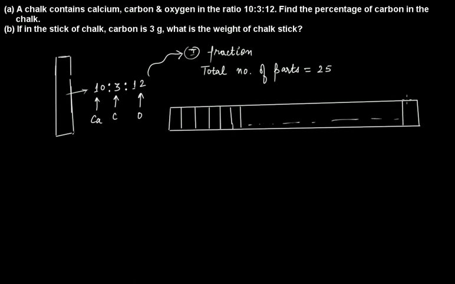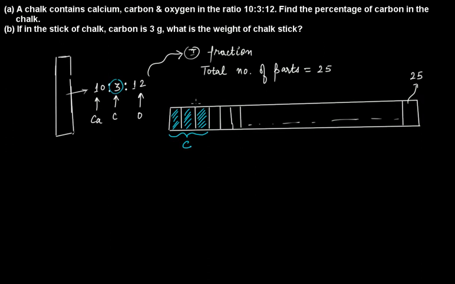This is the 25th part. That's what this 25 parts is telling. Then this 3, this ratio, that is the 3 parts of it. 3 parts of it is actually what is made of carbon.